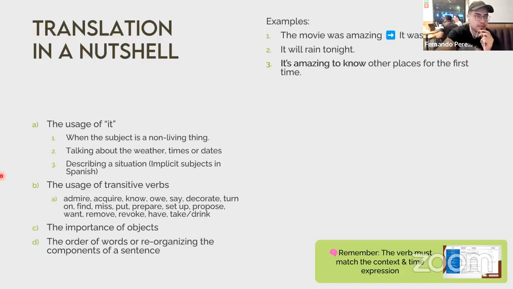If I say "Hice tu tarea a Javier," how do you say this in English? First, we need to use our subject, right?